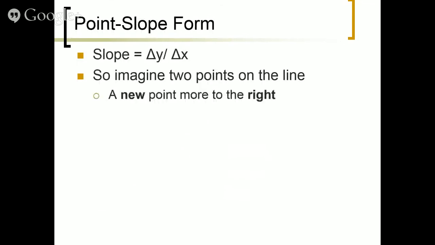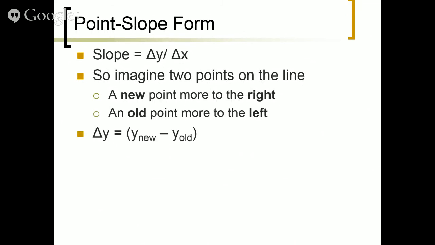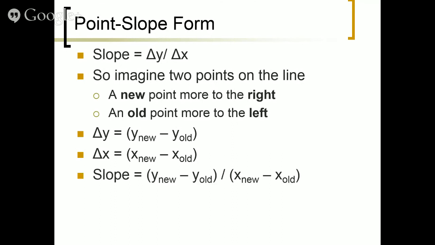So you just have to imagine 2 points on the line, a new point more to the right and an old point more to the left. So the change in y is the y value of the new point minus the y value of the old point. The change in x is the x value of the new point minus the x value of the old point. So then you can take those two quantities, and you've defined change in y, delta y, and change in x, so you can just substitute those things in.